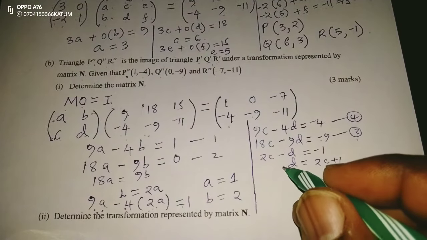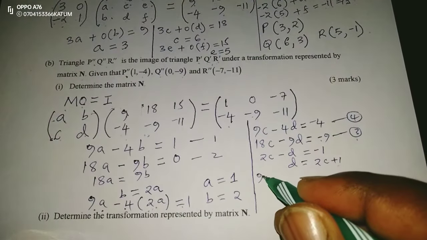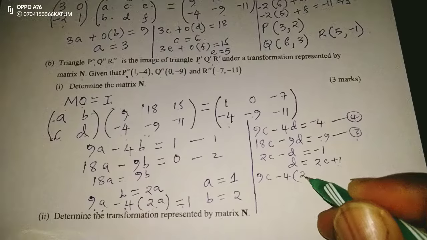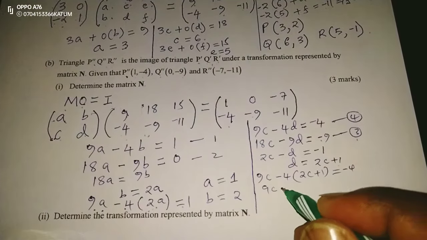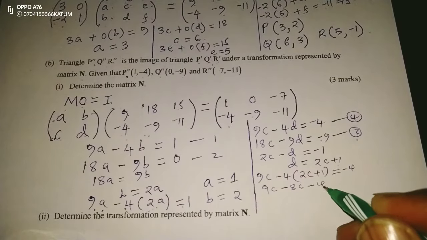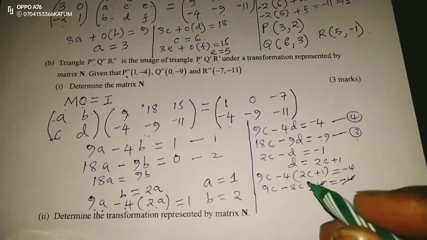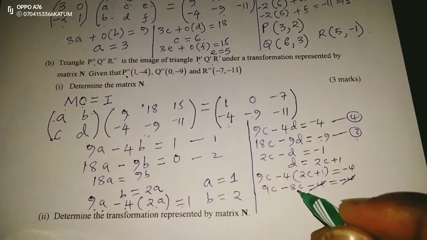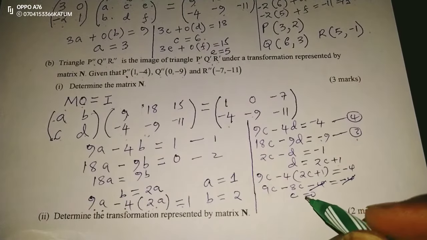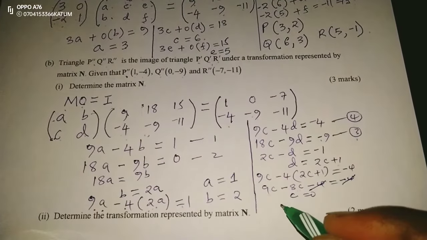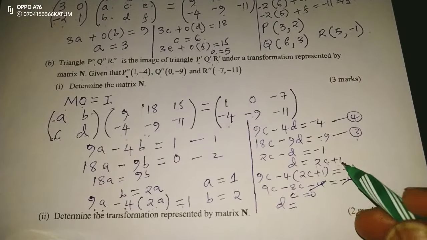So 9c minus 4 into 2c plus 1 equals negative 4. This is 9c minus 8c minus 4 equals negative 4. So negative 4 cancels with negative 4, and this is the value of c, which will be equal to 0. Therefore, c is 0.